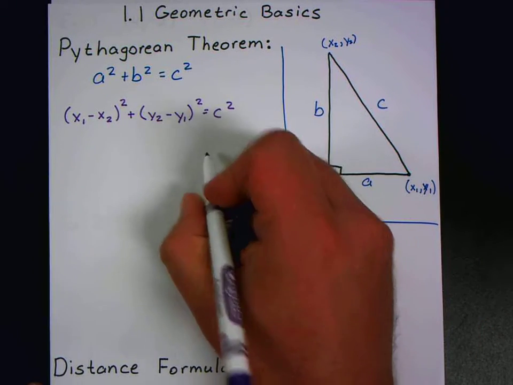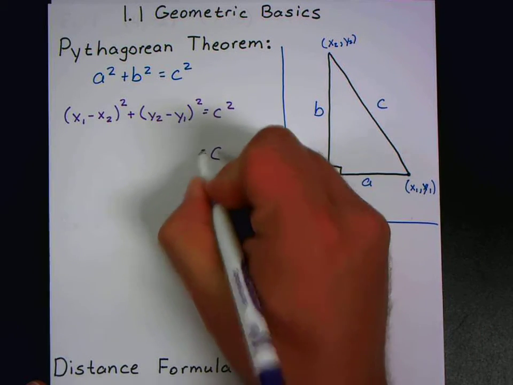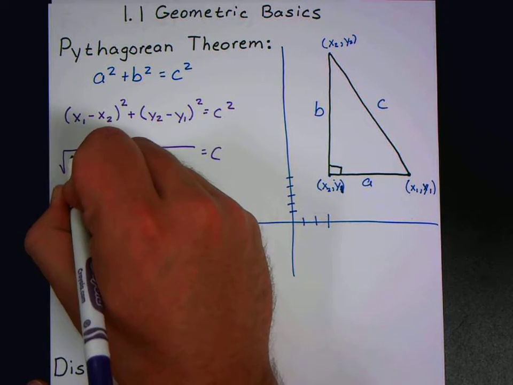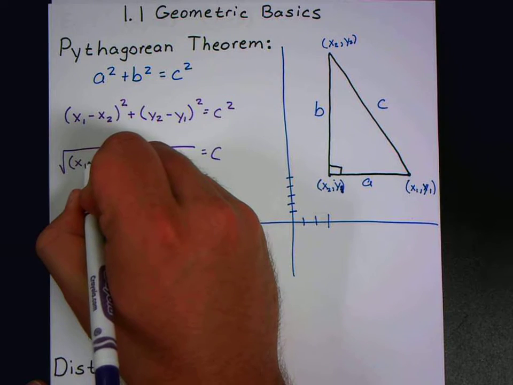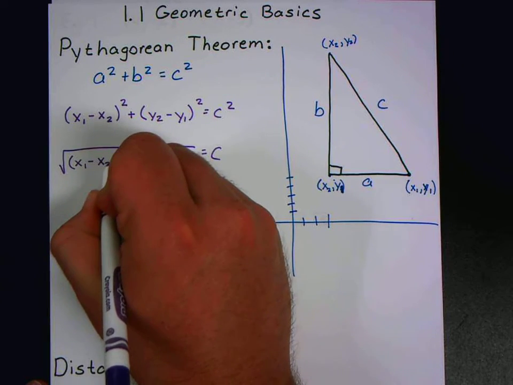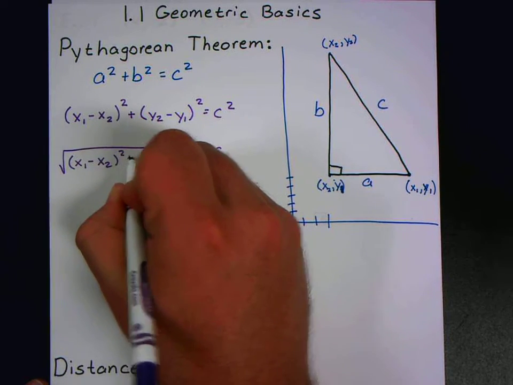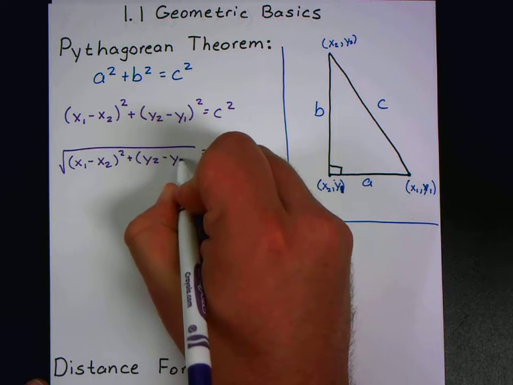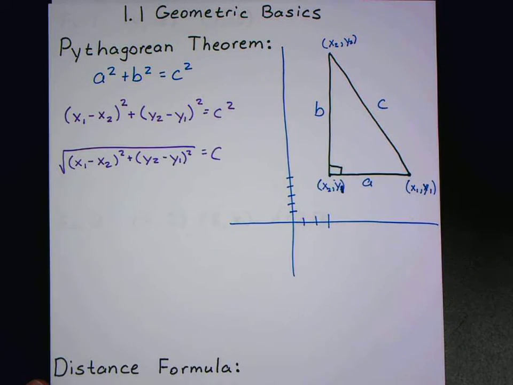So to find C, I could square root both sides. Now, do you know what that's called? Distance formula.